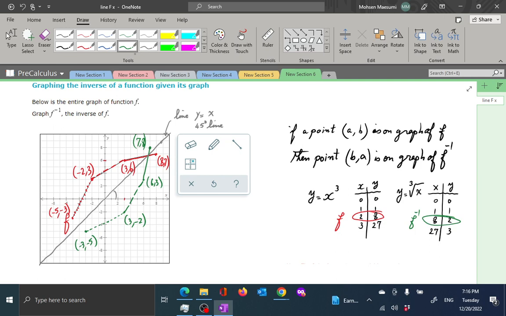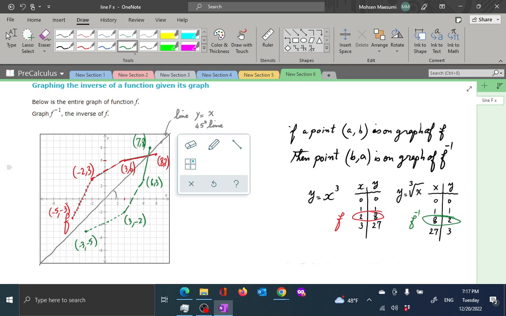And what we said before is that the inverse function is simply the original function with the two columns changing their spots. That's all that's happening. So if originally you had 2, 8, then in the inverse table there's going to be 8, 2. And these two go hand in hand, and they'll be reflections of each other in the 45-degree line.